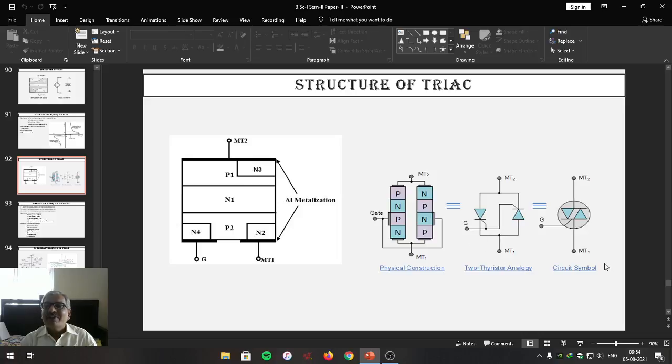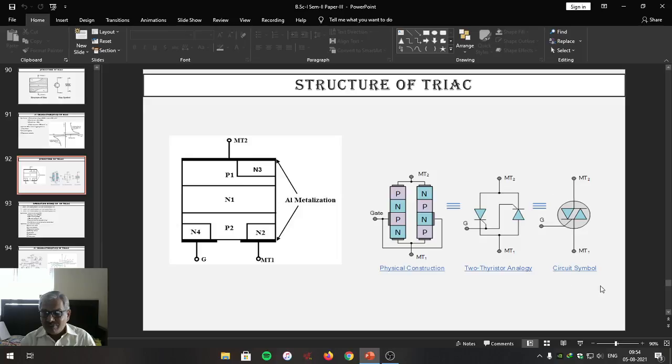Friends, the circuit symbol for TRIAC is represented here. The symbol is the same as that of DIAC, only with the fact that it has an additional terminal, the gate. So here is one SCR, here is another SCR, respectively representing MT2, MT1, and both the gates commonly connected to represent a single gate known as a gate.